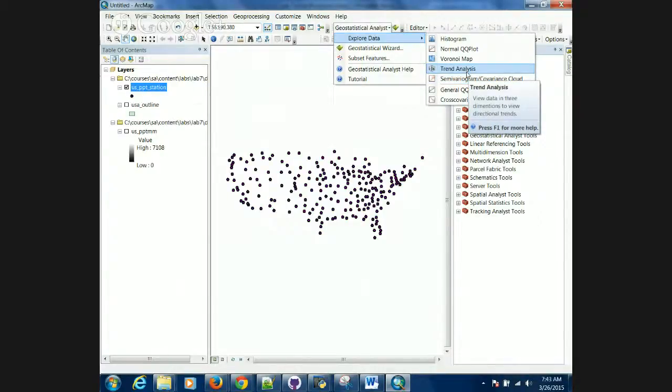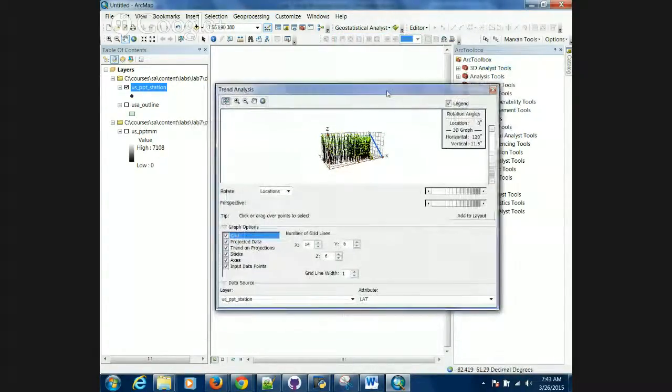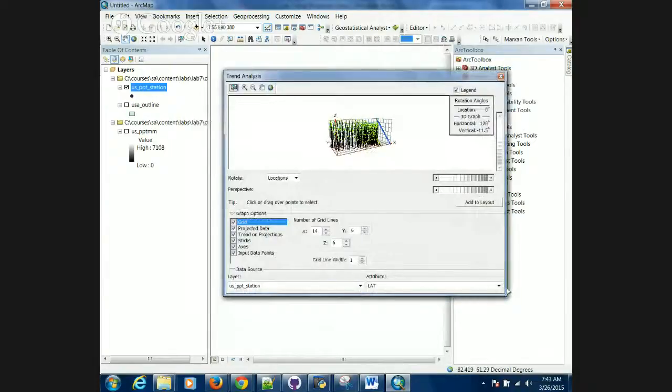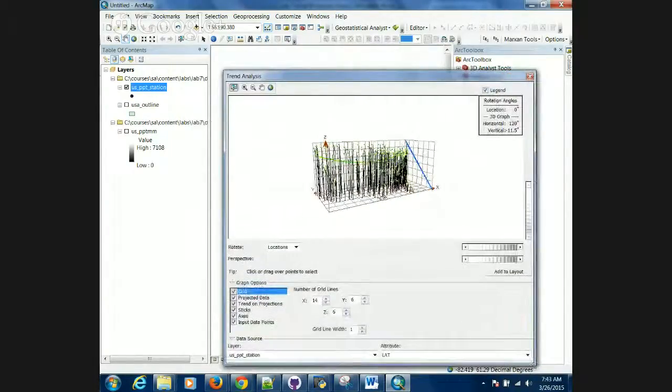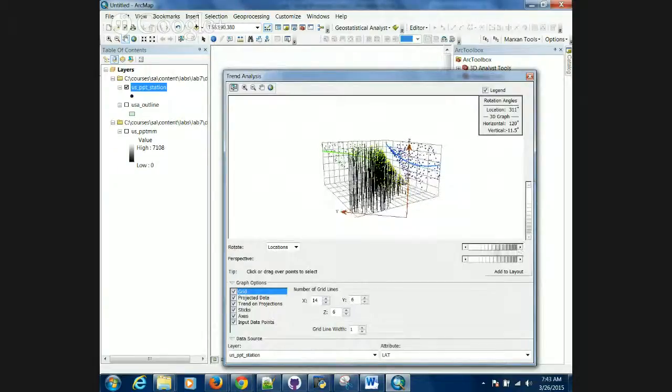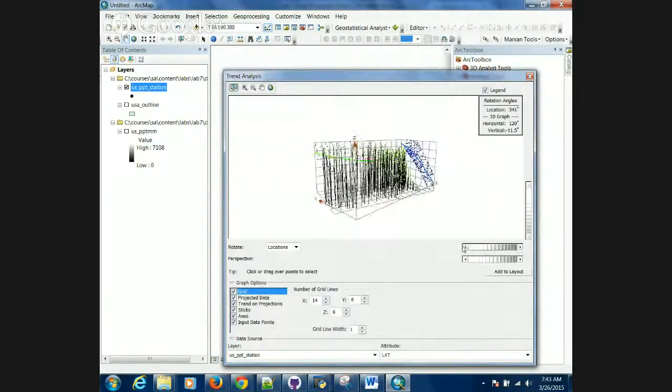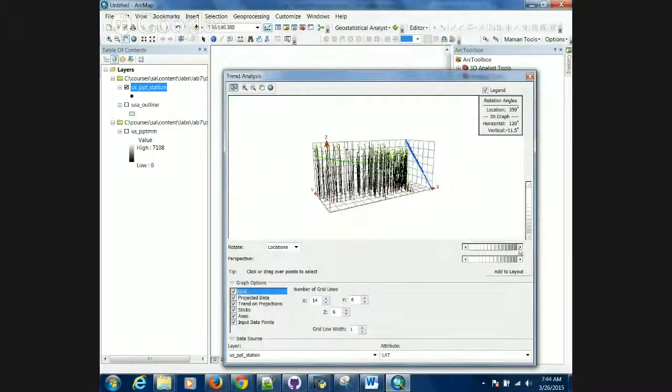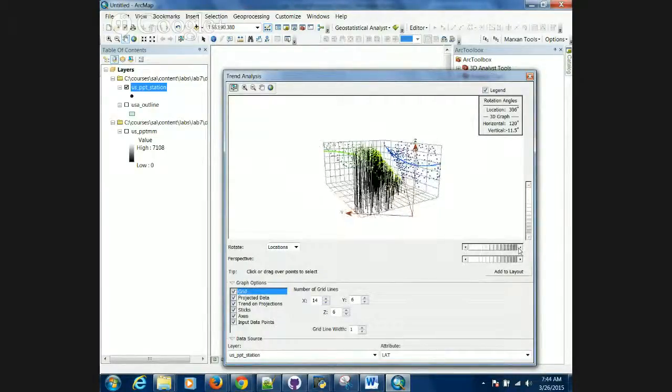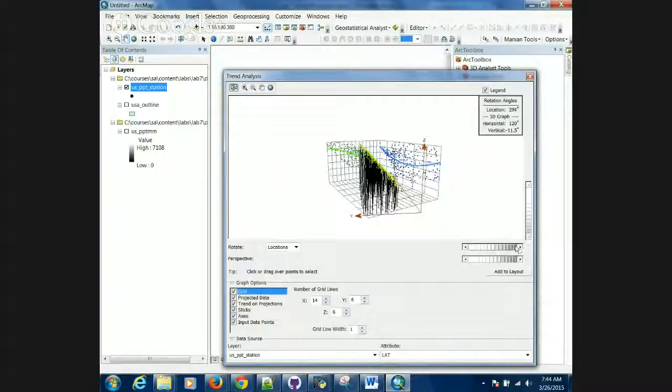But we could, for example, also look at the trend. It's not a very high resolution data set, but we could use a data set like this to look three-dimensionally at the trend. We've got to make sure that we're turning on the right layer. We're looking at latitude right now, which might actually be interesting to start with. So if I look at this from this angle, why does it appear that we're going upwards from south to north?